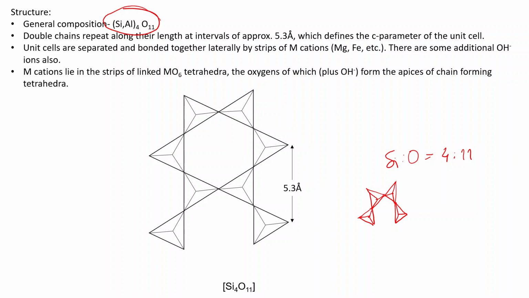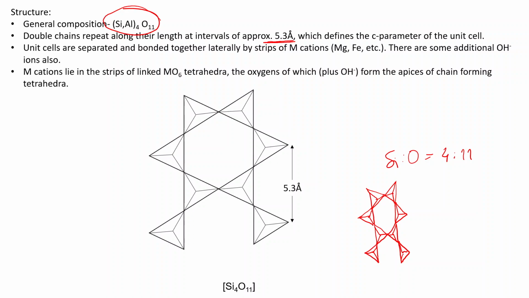Then you can keep on repeating these units to form the actual mineral structure. And the double chains repeat along their lengths at the interval of 5.3 angstroms. So this defines the C parameter or the C axis of the unit cell.